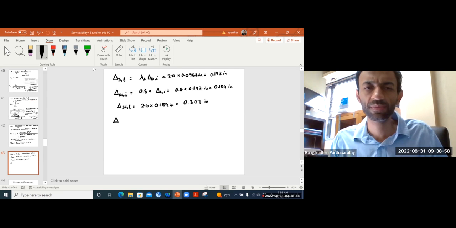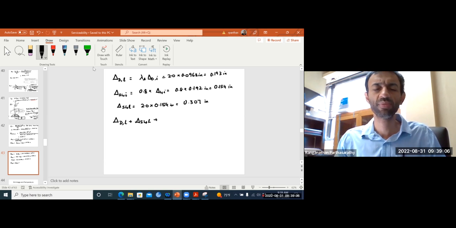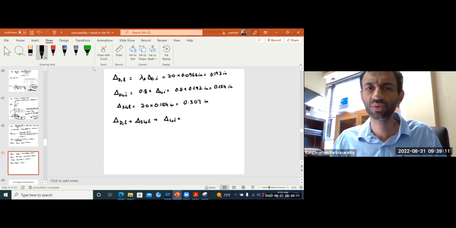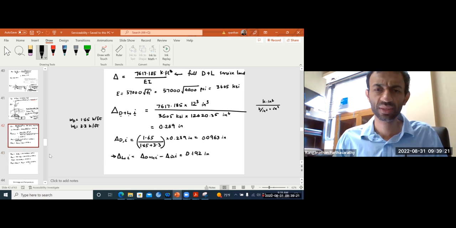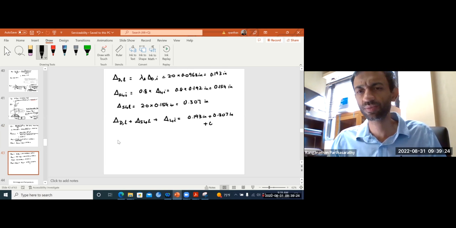So your delta dead load long term, delta sustained part of live load long term, plus delta live load initial. All this will matter. So that is 0.193, then 0.307, then your live load instantaneous is 0.192.